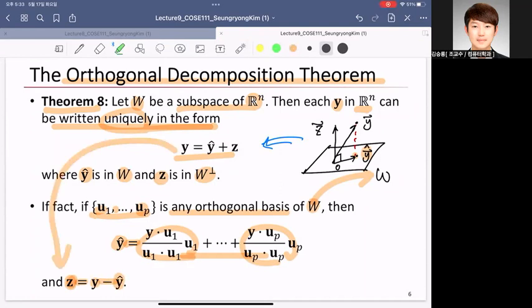So to understand this, we can just derive this equation.